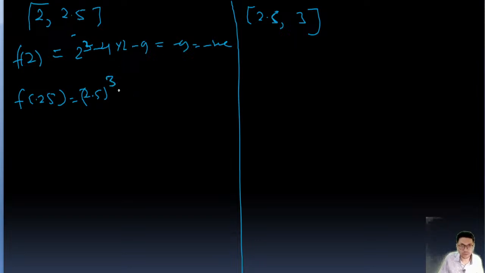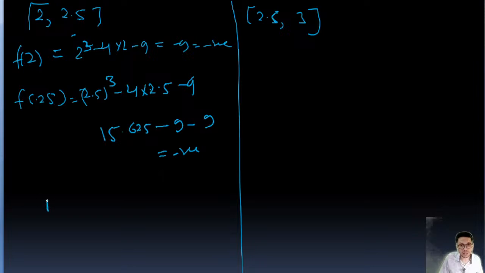Cube minus 4 into 2.5 minus 9. So this value is going to be 15.625 minus 9 minus 9, and this is going to be a negative value. So both are negative values.